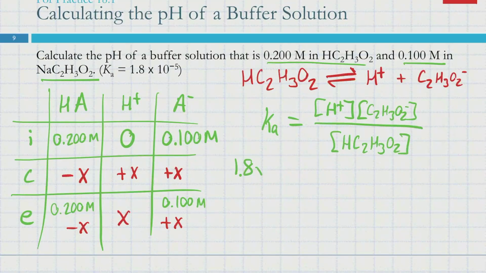So we're going to have 1.8 times 10 to the minus 5 for our Ka. Our H plus at equilibrium is going to be x. Our C2H3O2 minus is 0.100 molar plus x.